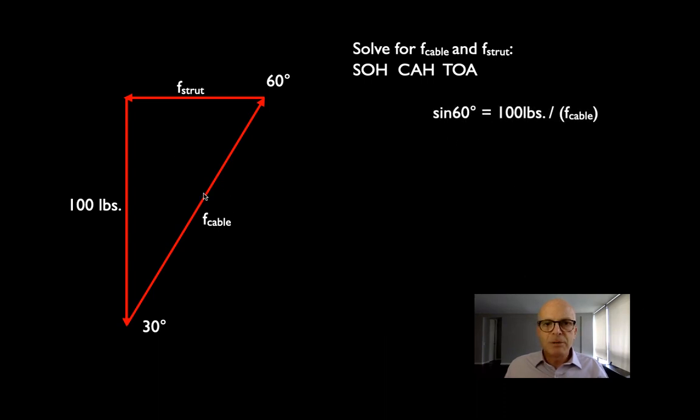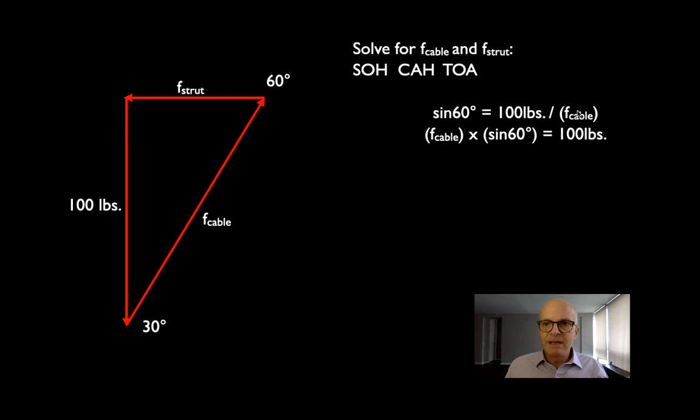And we can start by trying to figure out the force in the cable. So that is, we have the opposite leg here, the 100 pounds, and the hypotenuse here, the force in the cable. So sine equals opposite over hypotenuse. So sine of 60 will equal 100 pounds divided by the force in the cable.